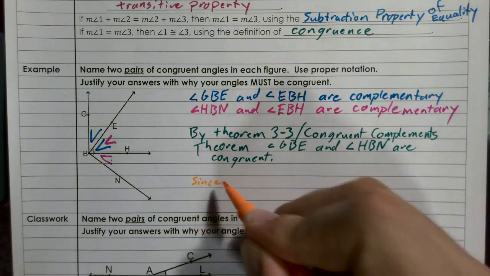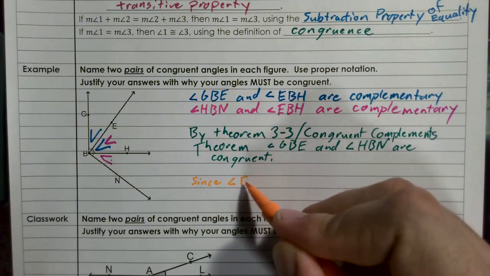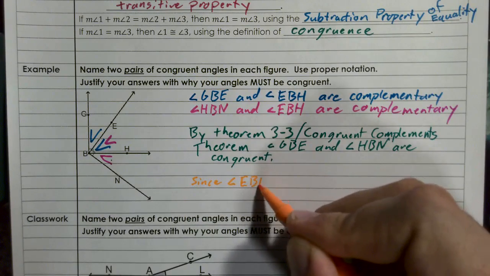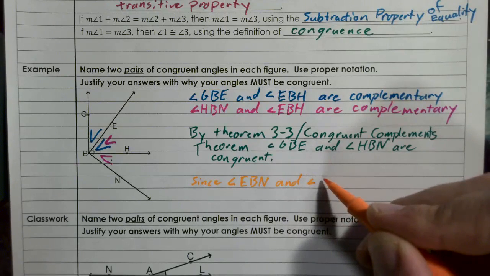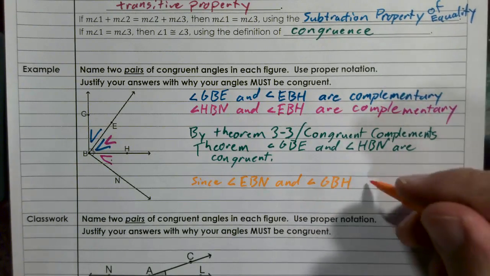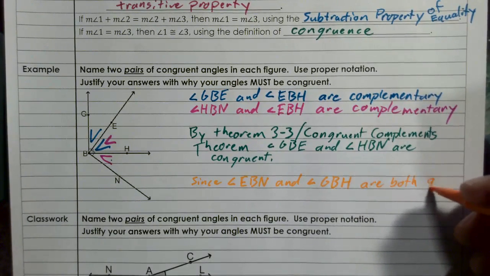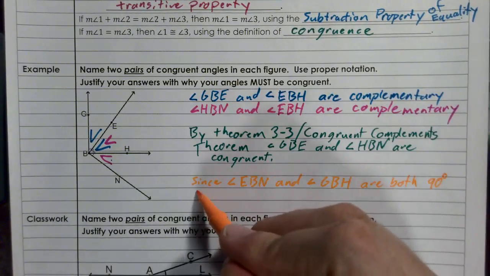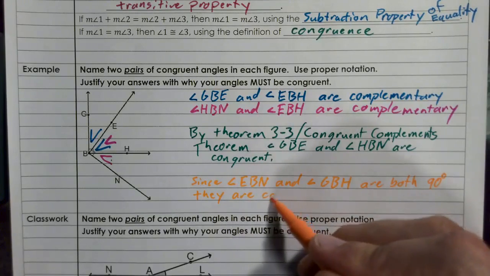Since angle EBN and angle GBH are both 90 degrees, they are congruent.